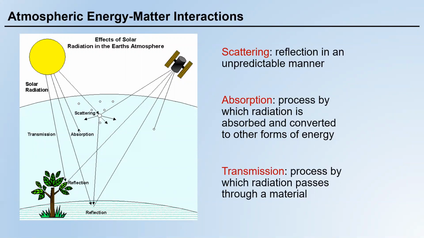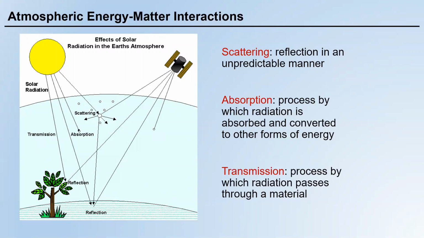And there is also transmission, a process by which radiation passes through a material. For example, if there is glass, or a very thin plastic bag, radiation can go through them, can travel through them, right?